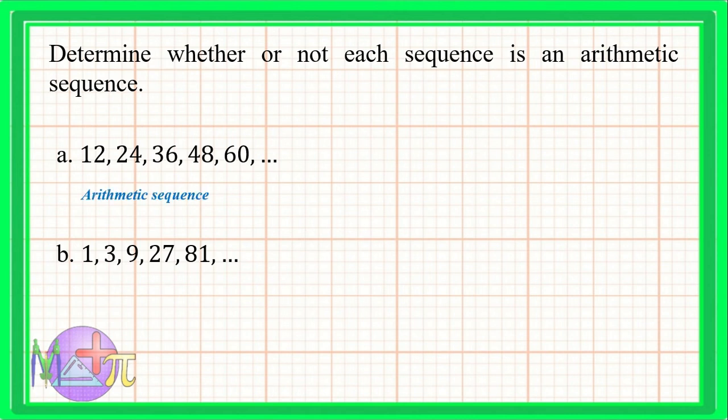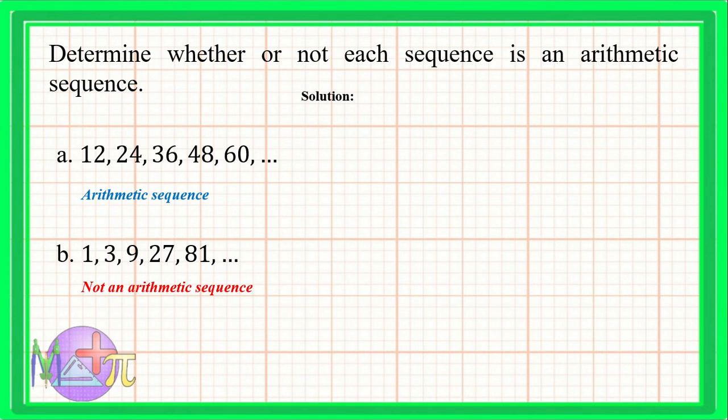Later on, ipapakita ko yung solution kung bakit siya naging arithmetic sequence. And letter B is not an arithmetic sequence. So this is the solution or explanation why letter A is an arithmetic sequence and letter B is not an arithmetic sequence.